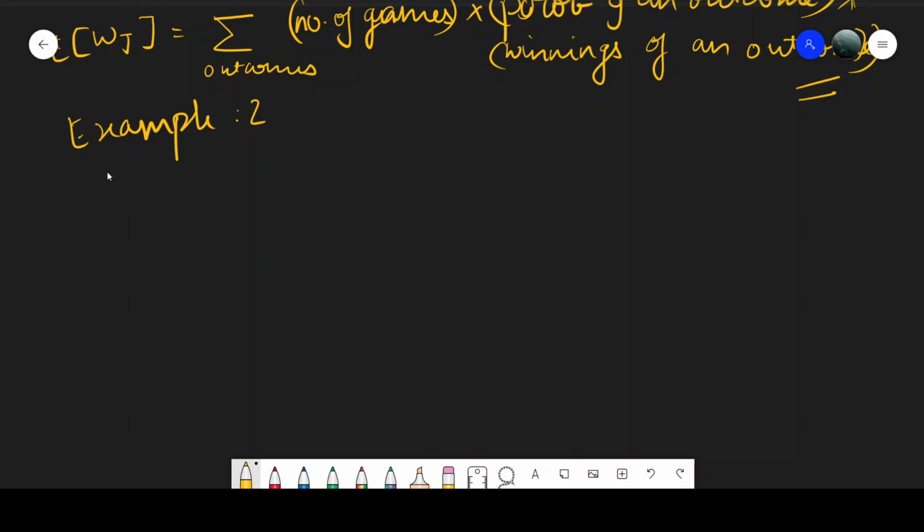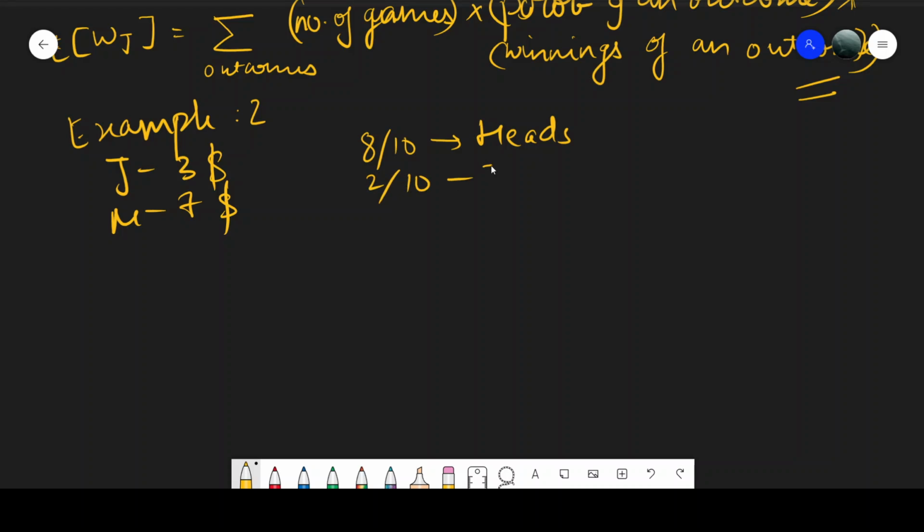Let's say John bets $3 and Mark bets $7, and there's an 80% probability, which is 8 by 10, that a head turns up on the coin. There's a 2 by 10 probability that a tail turns up. So this is basically 4 by 5, and this is 1 by 5.